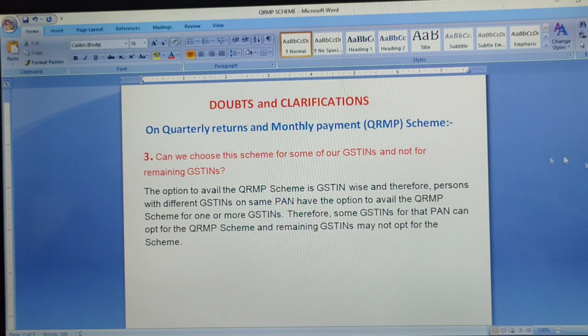The option to avail the QRMP scheme is GST wise, and therefore persons with different GSTs on the same PAN have the option to avail the QRMP scheme for one or more GSTs. Therefore, some GSTs for that PAN can opt for the QRMP scheme and the remaining GST numbers may not opt for this scheme. So let us see an example.